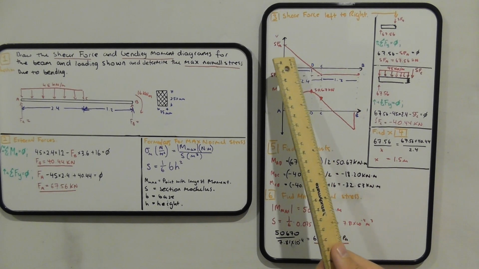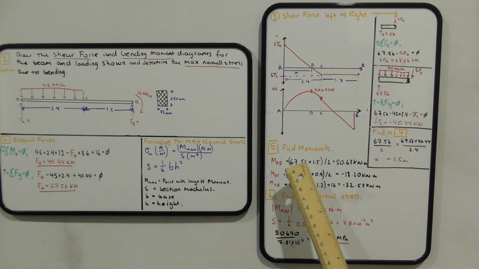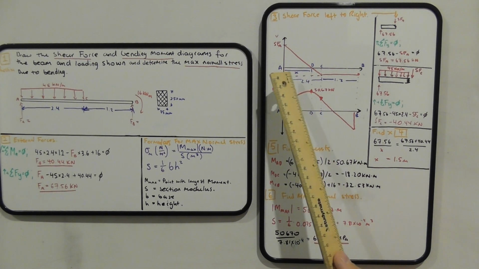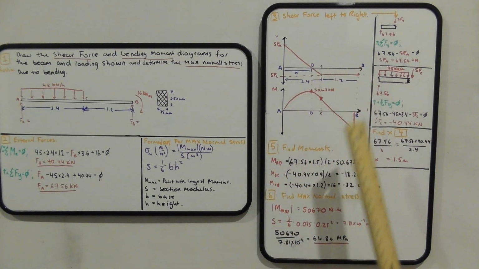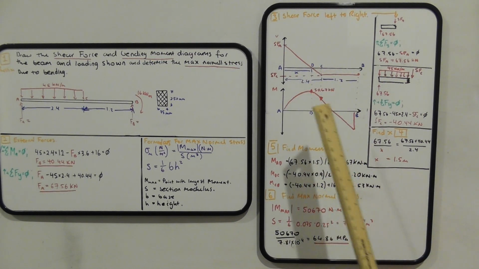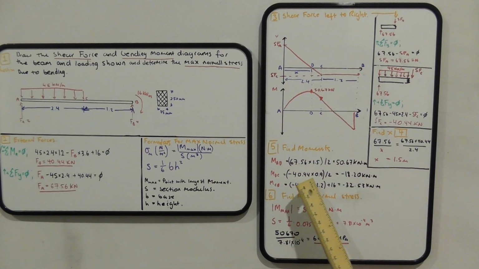Now, finding moments once we achieve this graph is easy because it's just figuring out the area in each section. So moment at AD is simply 67.56 in the positive multiplied by that length X divided by 2 because it's a triangle, and that'll give us a positive 50.67 kilonewton meters. The moment from D to C will be in the negative quadrant, and we identified that SFC is negative 40.44.